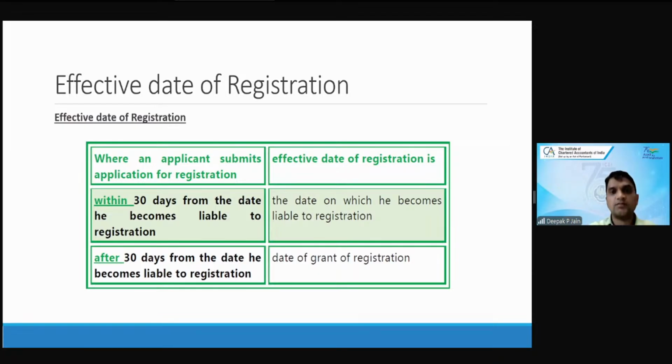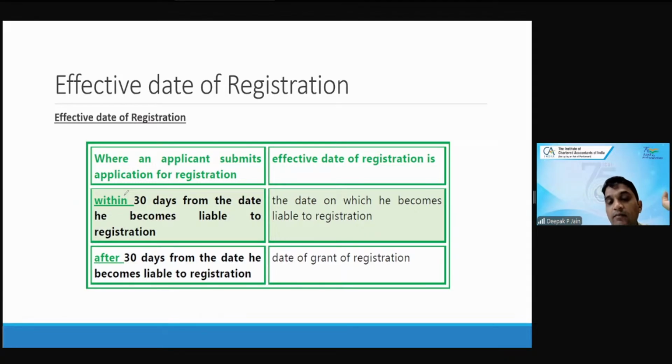So we had discussed in the last session on registrations, basically various types of registration. We'll proceed further today on what will be the effective date of registration. This also we had touched upon: if you apply for registration in a timely manner, that is, if you apply within 30 days from the day when you became liable for registration, then the effective date of registration will be the date on which you became liable.